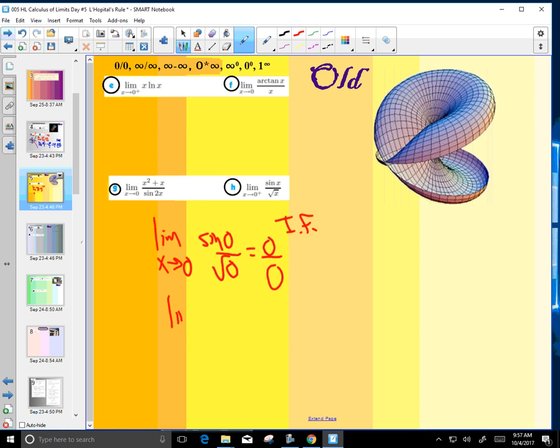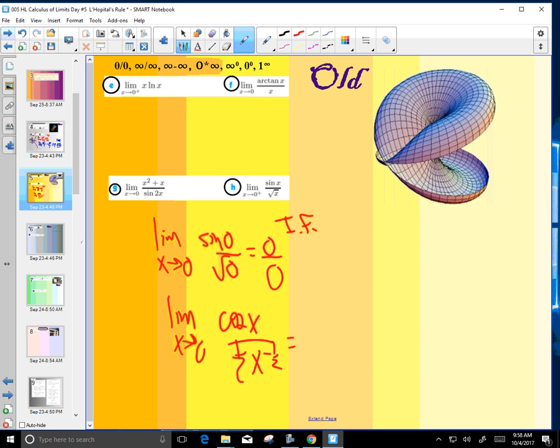Then we take the limit, x approaches 0, take the derivative of sine, that's cosine x. Derivative of x to the 1/2. Whenever you see square roots, change them into powers. If you see 1 over x cubed, change it into a power, because it's so much easier to do it that way. Take the derivative. So the derivative is 1/2 x to the negative 1/2.